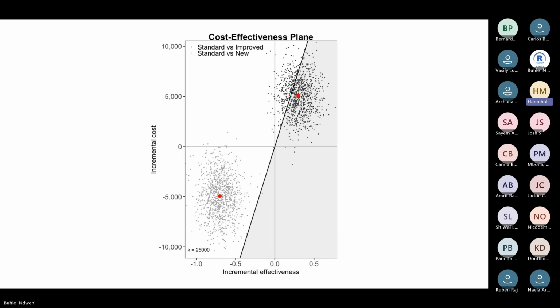It makes your life much easier, and then the stark difference can easily be explained. There isn't a lot of overlap, as you can see. The improved drug is much better than the new drug. So it would seem that there wasn't much of a change between modifying the new drug and the standard.